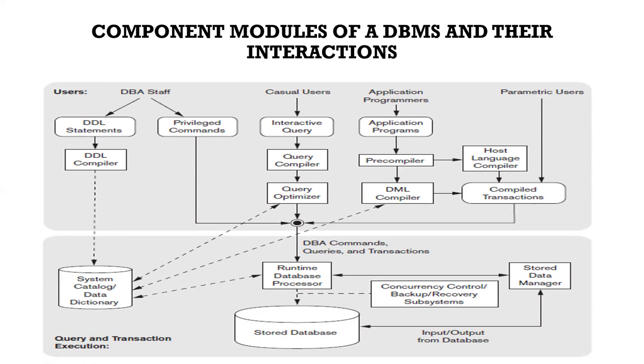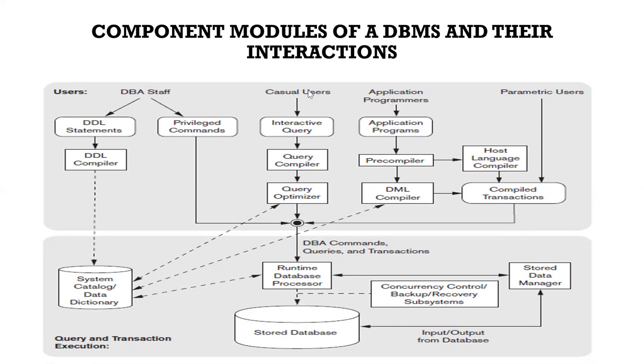We are going to discuss what data definition language is in future lectures. He is responsible for DDL statements and privileged commands. The DDL statements will be compiled by the DDL compiler, and after compiling, they will go to the system catalog or data dictionary, which is available in the query and transaction execution section.